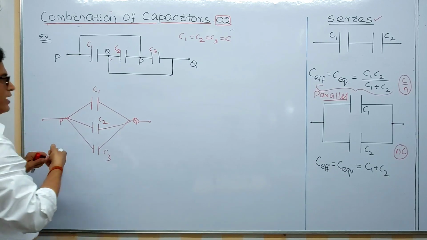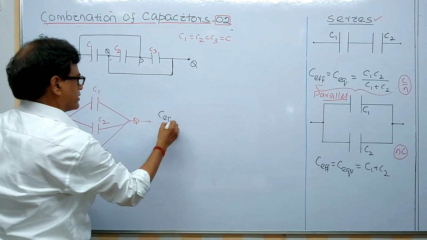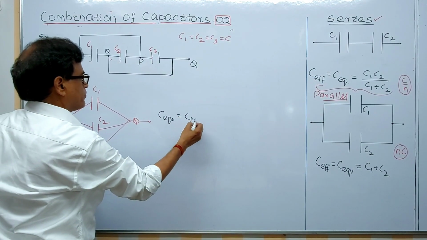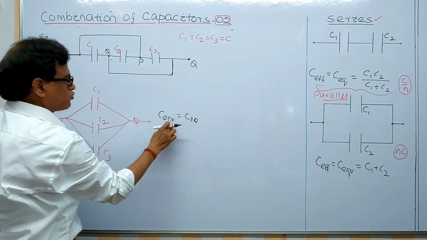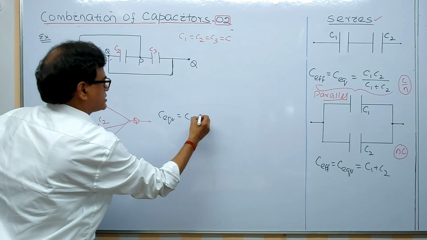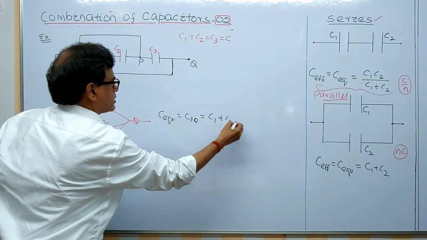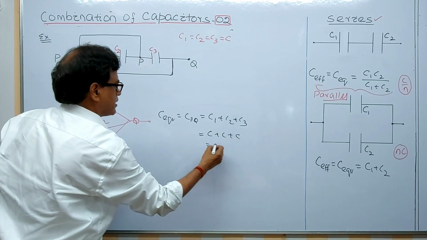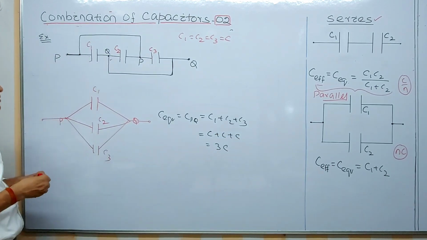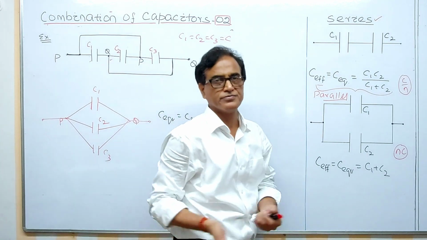Here, since they are parallel, the equivalent capacitance across the terminals, called C equivalent or C effective, CPQ, is equal to C1 plus C2 plus C3, that is C plus C plus C, since they are parallel. The answer is 3C, but most of the students write C by 3.